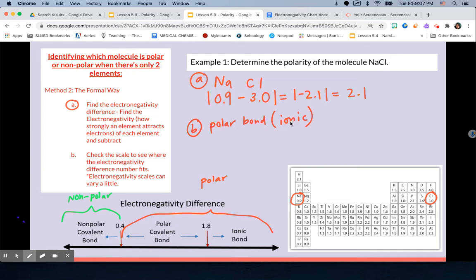They're kind of almost being given away to one of the elements. Either answer kind of describes the bond. So this would be polar or ionic.